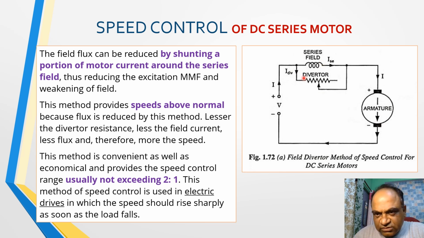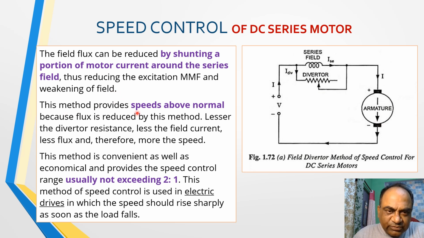So the field is weakened in turn, and the speed becomes higher. The field flux can be reduced by shunting a portion of the motor current around the series field, thus reducing the excitation MMF and weakening the field.